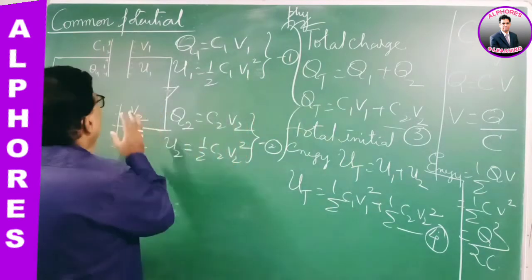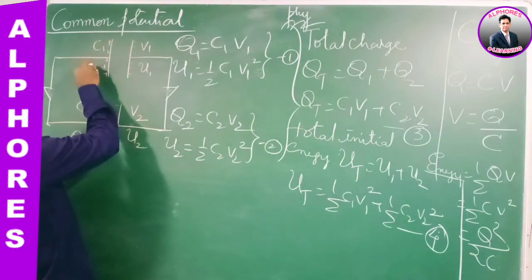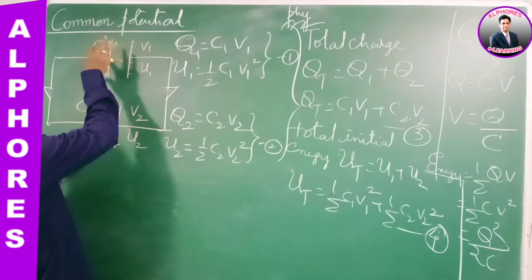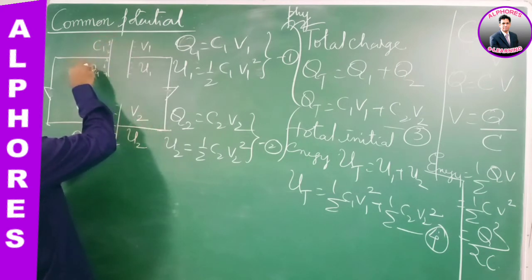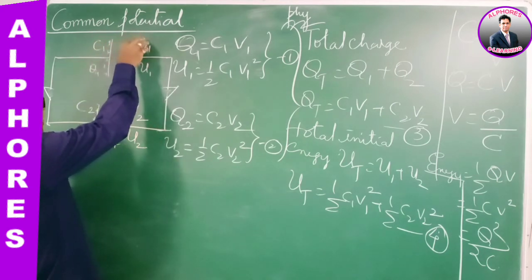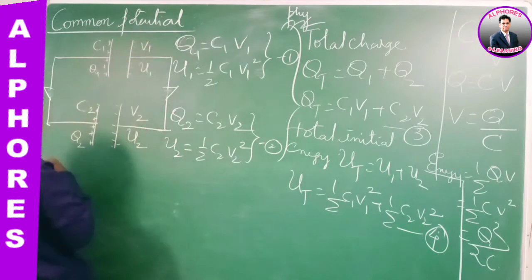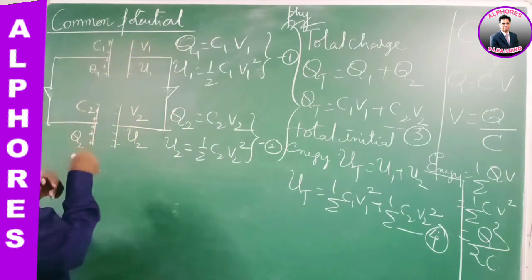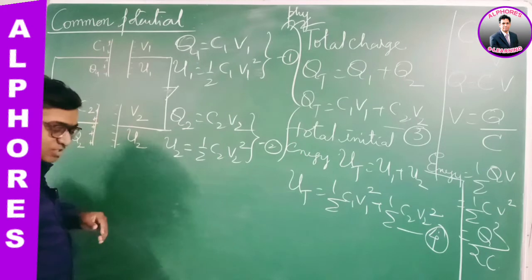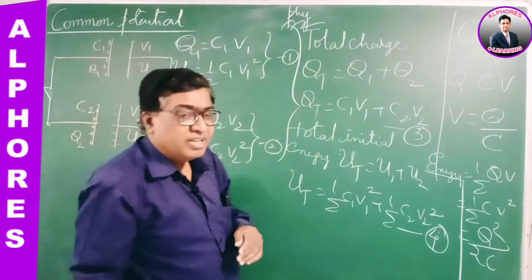Similarly here also, this is a capacitor like a tank storing charge like water, with a potential level, an electric level, and energy. This is another one. Now both are connected. So what happens now? The charge will flow.